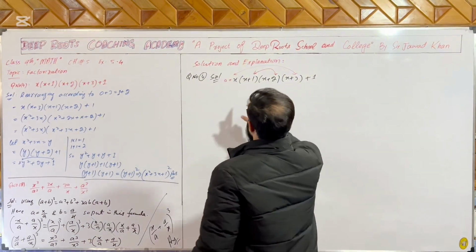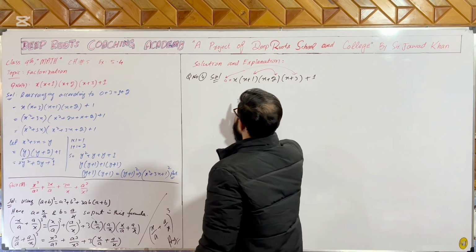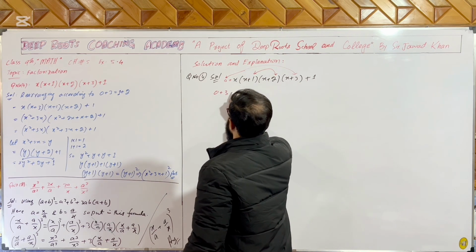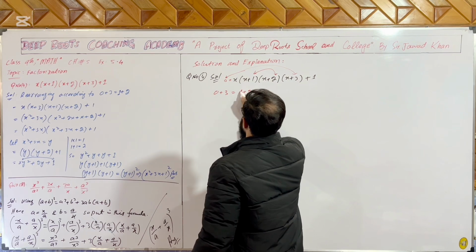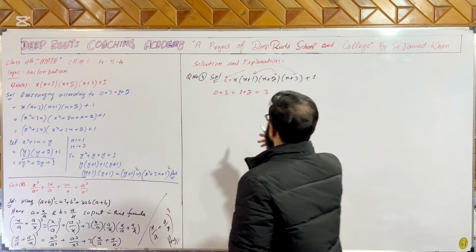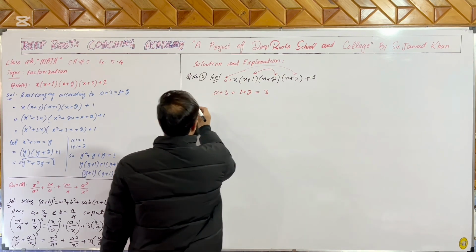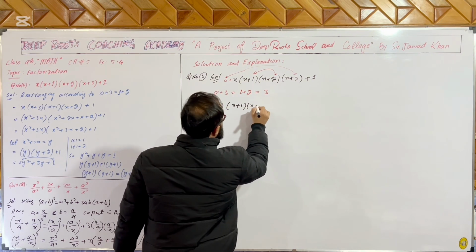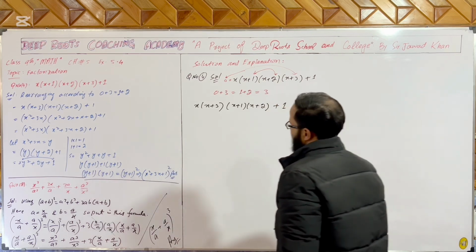So rearranging according to the formula, 0 plus 3 is equal to 1 plus 2, both of them give us 3. So I will write these two with each other and these two with each other. So x into x plus 3 and x plus 1 and x plus 2 are friends with each other, and 1 is written again.